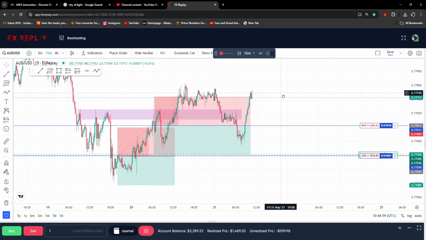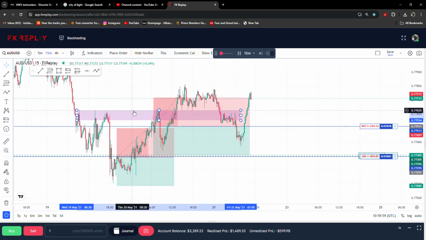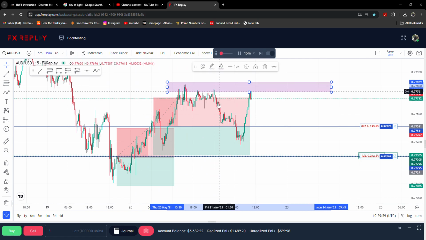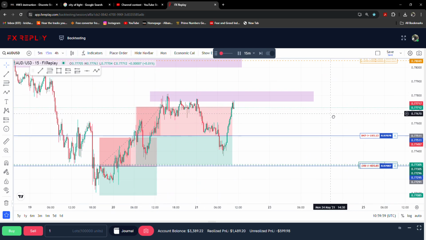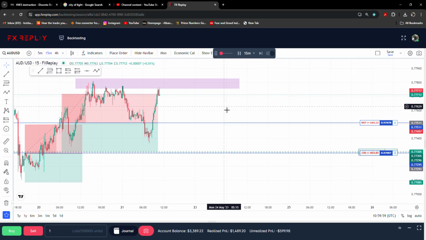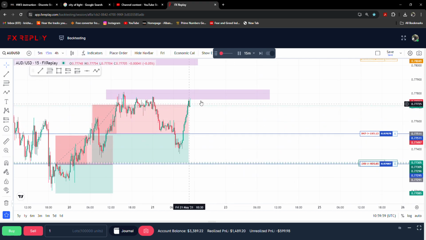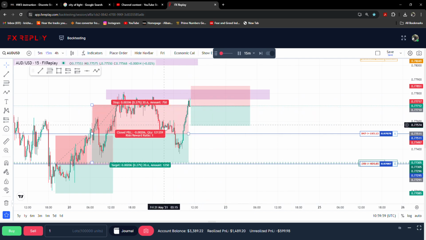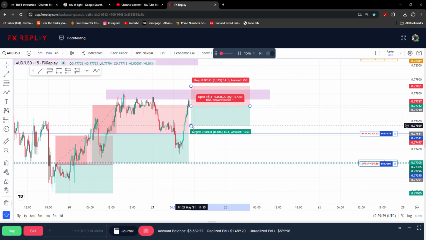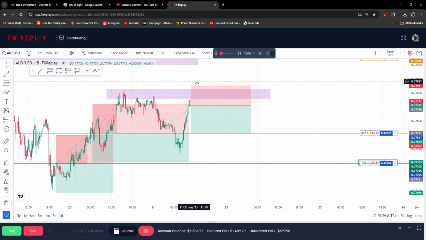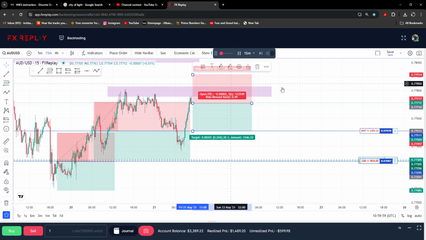Shoots back up. Here's another level that she could likely reject at. She had a big sell-off here. Down 600. Let's add in another position here. It's 20, 20. There. And there.